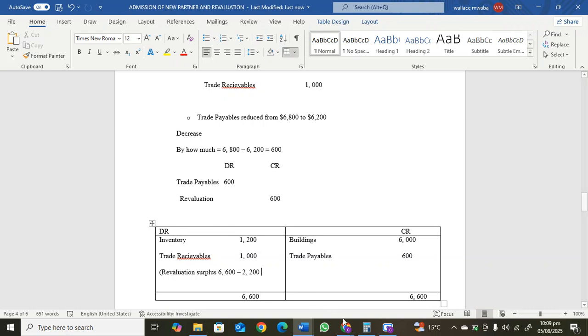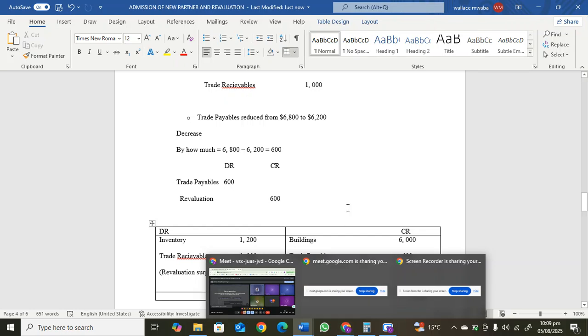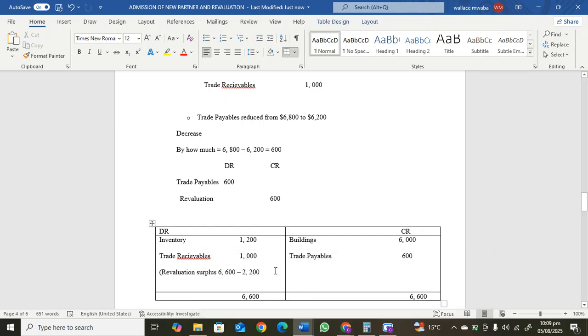Are we there, colleagues? Yes, 4,400. So this 4,400, this revaluation surplus, must be shared amongst the old existing partners, because we are assuming that this took place before this partner, Liam, came in. So Liam is not going to have a share of this revaluation surplus. It's only the old partners who are going to have a share, and you're going to share it with the old profit sharing ratios.